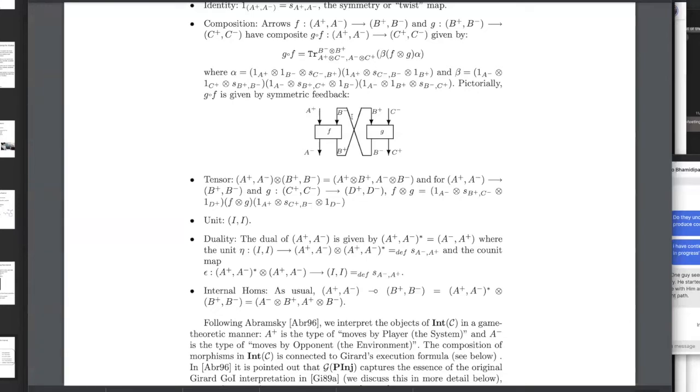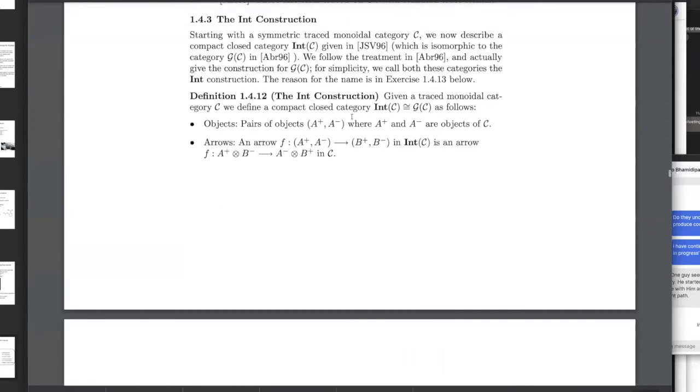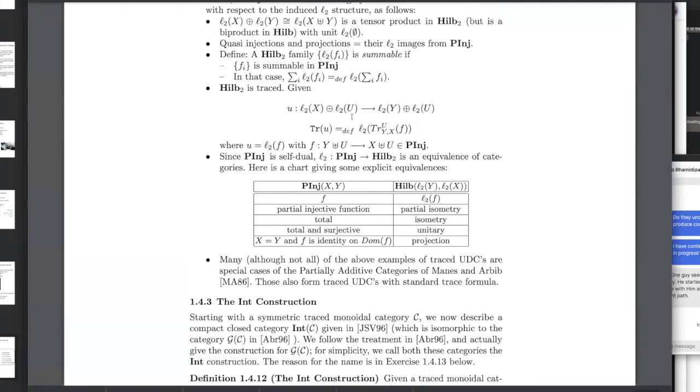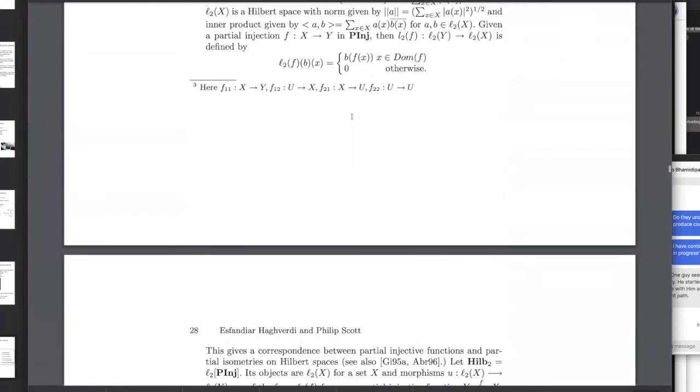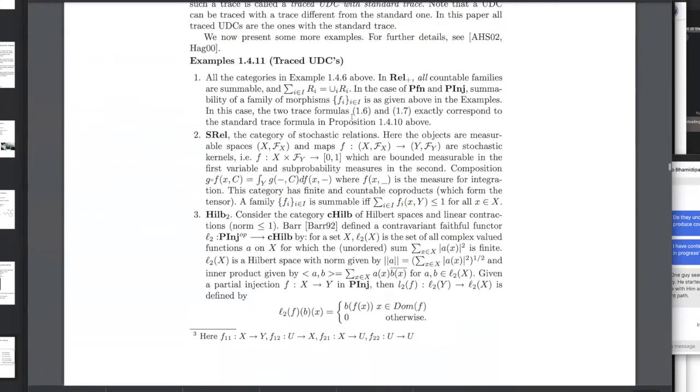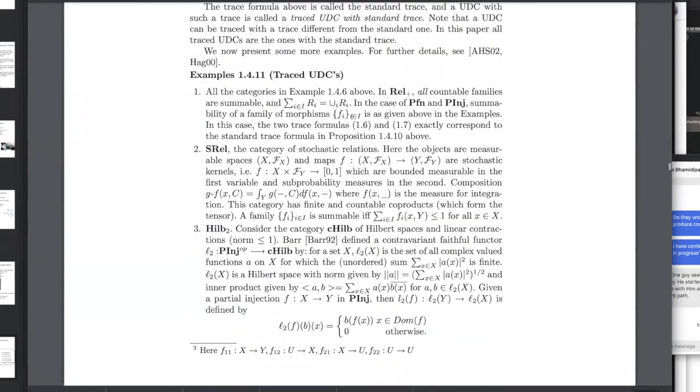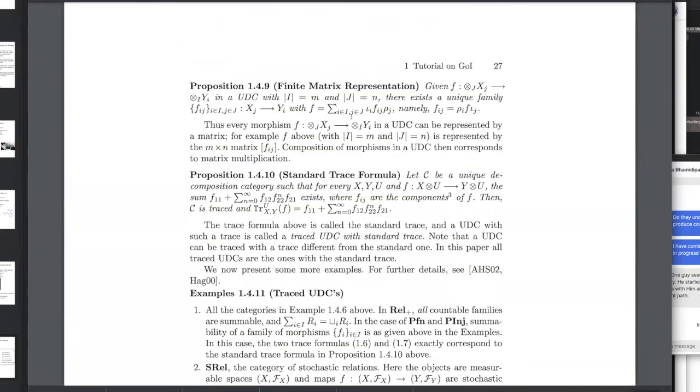That's one way to think about this property. And if you have this unique decomposition, then you can build a canonical trace. And I think they've got it here. Yeah, here it is. So here's what they call the standard trace formula, or a canonical trace.